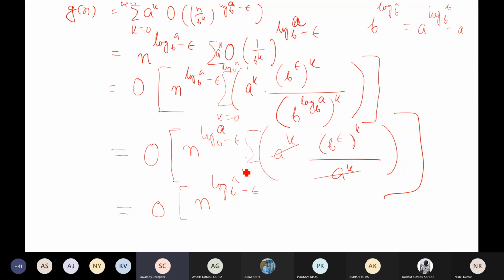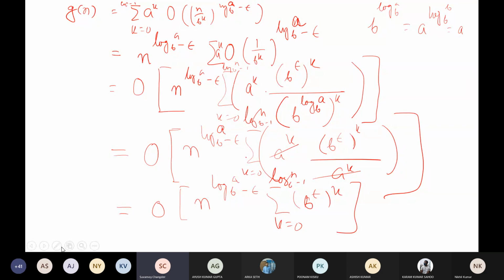Here also there will be some k equals 0 to log n base b minus 1. Here also b to the power epsilon to the power k, k varies from 0 to log n base b minus 1. Okay, so we are getting that Gn is equal to big O of n to the power log a base b minus epsilon into the sum of this.